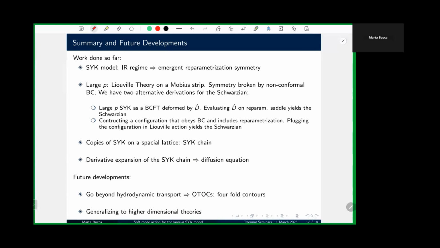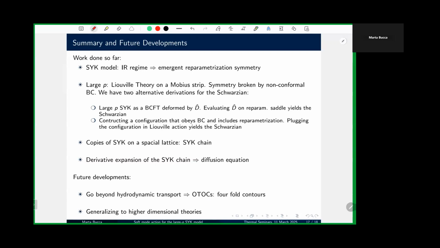In order to have more analytic control and to derive the term that breaks explicitly this emergent reparameterization symmetry, we studied the large P limit. And in the large P limit for SYK, you have a Liouville theory on a Mobius strip. And your symmetry is explicitly broken by the fact that you have non-conformal boundary control. From here, you have two alternative approaches to derive the Schwarzian.